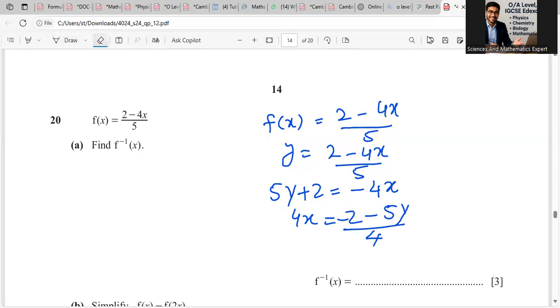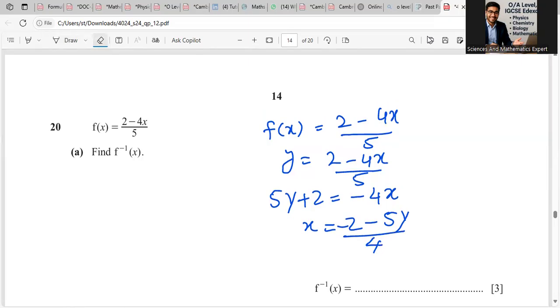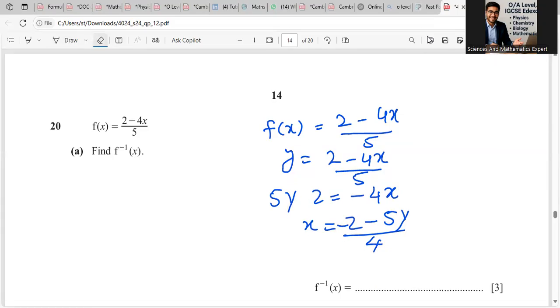So from here I'm removing the 4. Wait a second, here it is. It was minus 2 over there, here it will be plus 2.